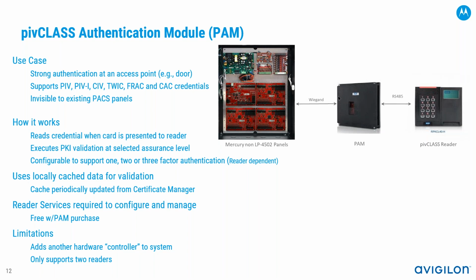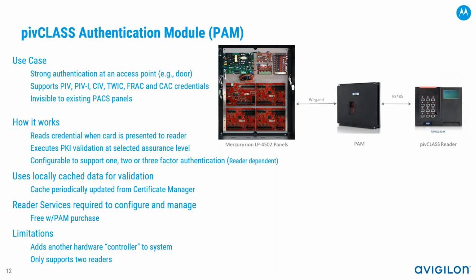This is the PIV check authentication module, called PAM, a device that reads that information and validates that the PIN number is correct for the card, and that the card is still valid. This device has its own network connection that goes out and periodically authenticates with a government agency and caches information on the card holders in the system. So this device will authenticate that credential.